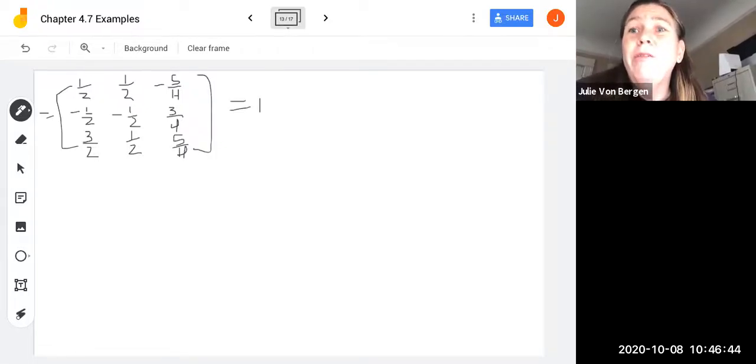If you wanted to go in the other direction, you would find P inverse just by doing B prime inverse.